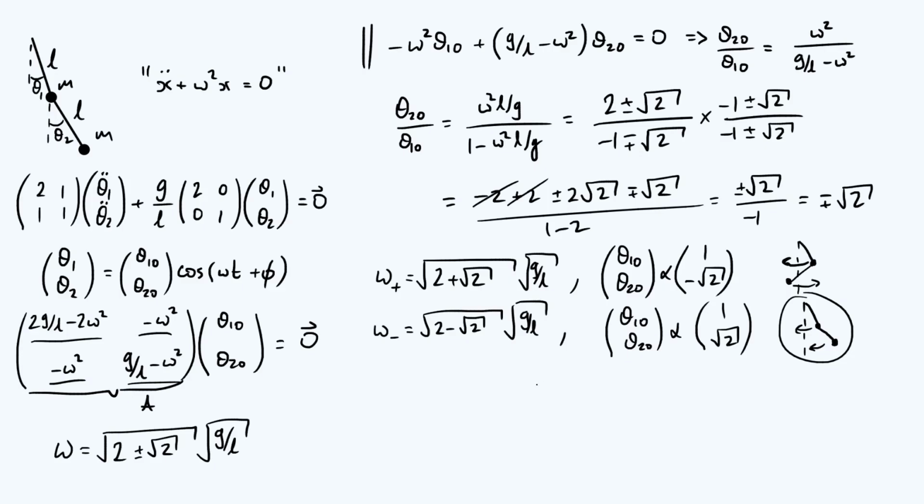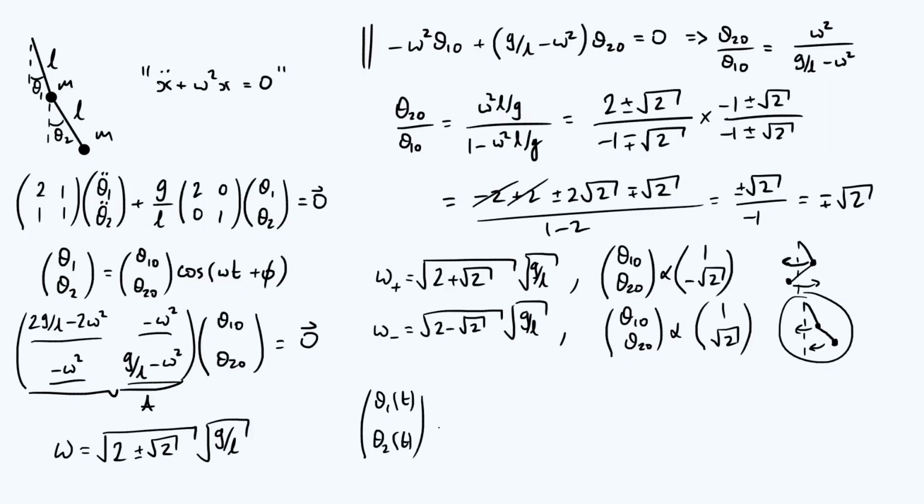The very last thing to do is just note that we can then express the general motion of this double pendulum, assuming the amplitude of the motion is small, as a linear combination of the normal modes, which is pretty cool. So we can write theta 1 as a function of time and theta 2 as a function of time.